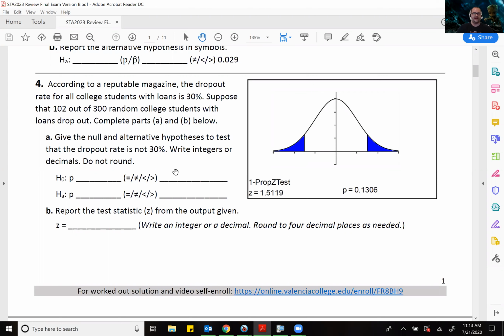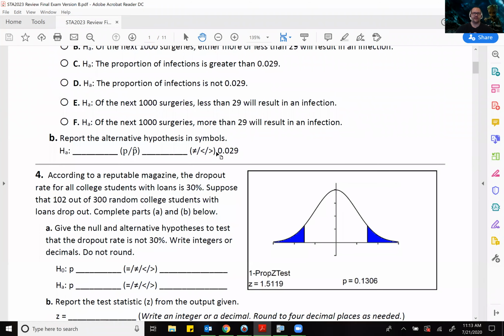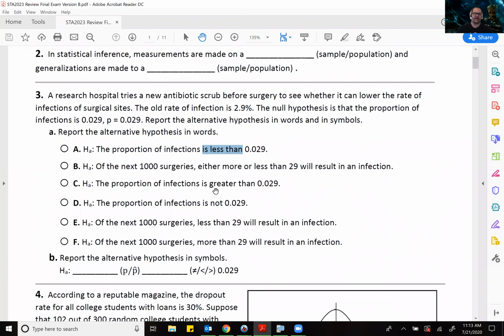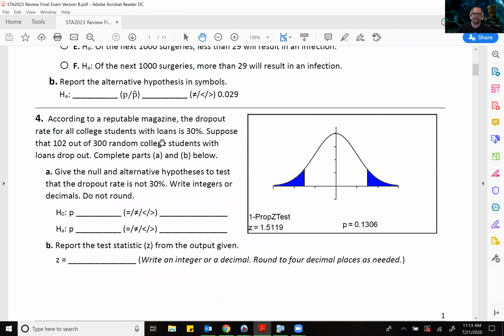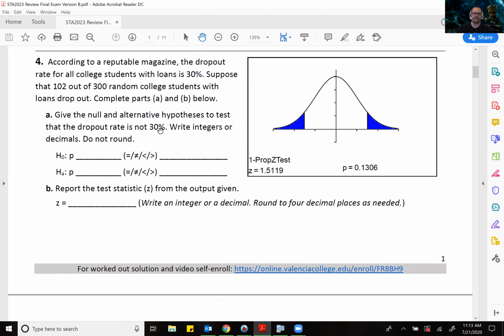You actually write it as its decimal version. So you're going to put 0.30. Just like up here, they told us that the percentage was 2.9%, but down here, we don't use 2.9%. We use its decimal. So keep that in mind when you do this. Make sure that if you have a percentage, you put it in as the decimal.